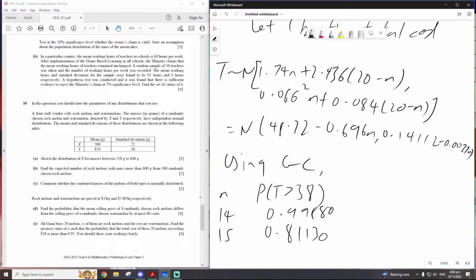And in fact 16 already drops to 0.091857, which is less than 10%. So you can see how quickly these kinds of things drop. So therefore the greatest n will be 14.